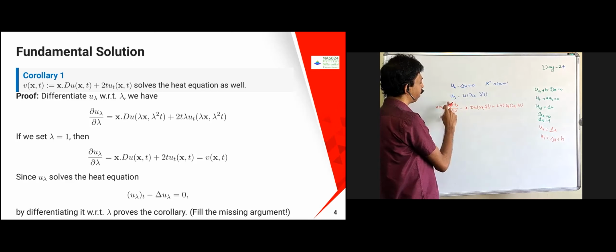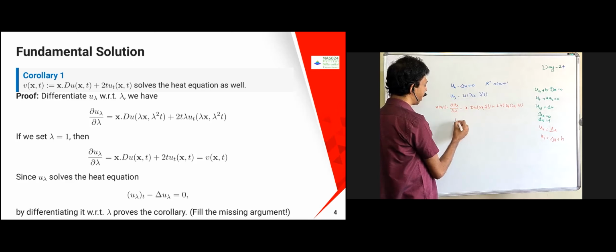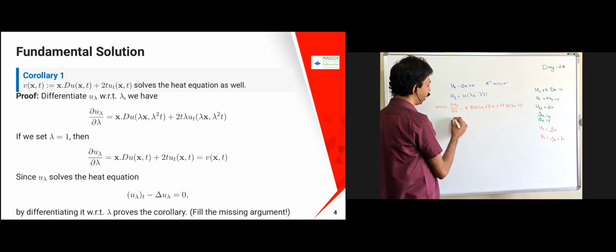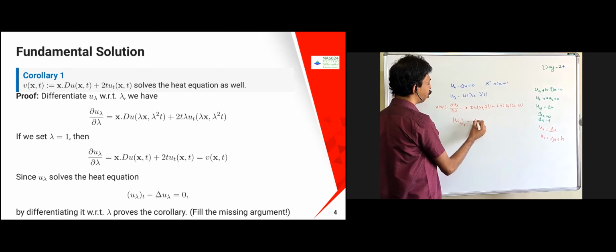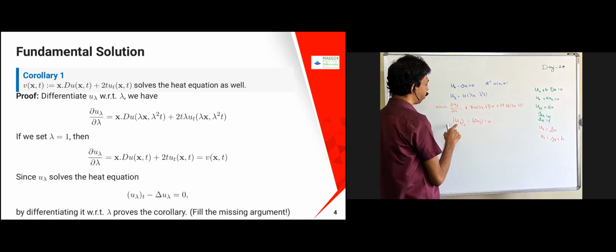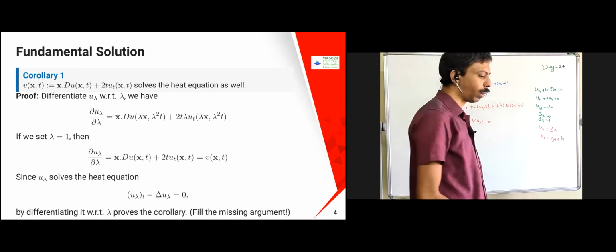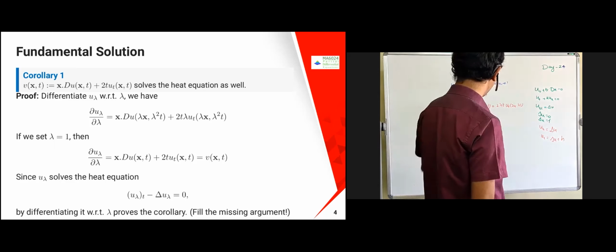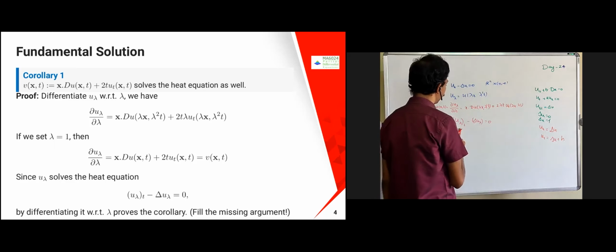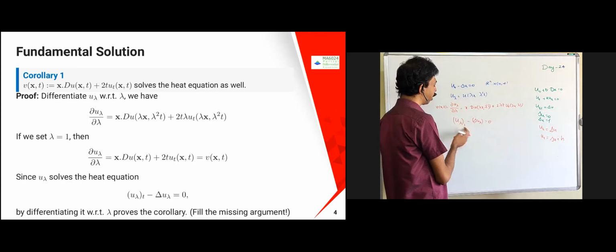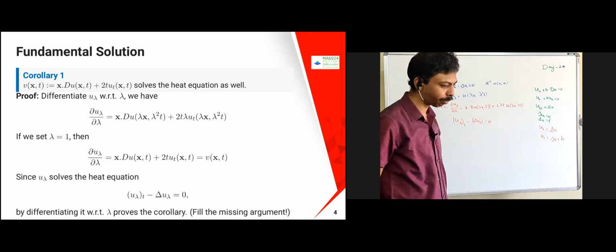But we already have that u lambda t minus delta u lambda is 0. Now in the place of u lambda, I am going to differentiate this with respect to lambda. In that case, the derivatives of lambda and t are going to be interchanged, because we need to make this assumption.